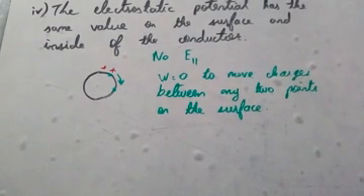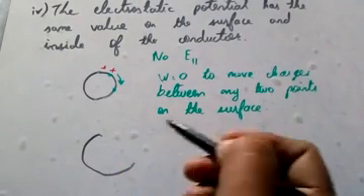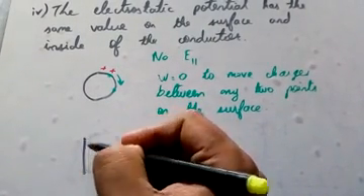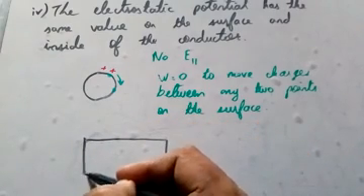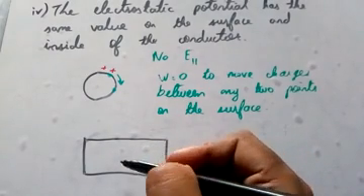And let's see the second thing to remember. So now we have this surface, or charge on an object. Let me draw another shape. You can draw any shape. Now the electric field is 0 inside the conductor.